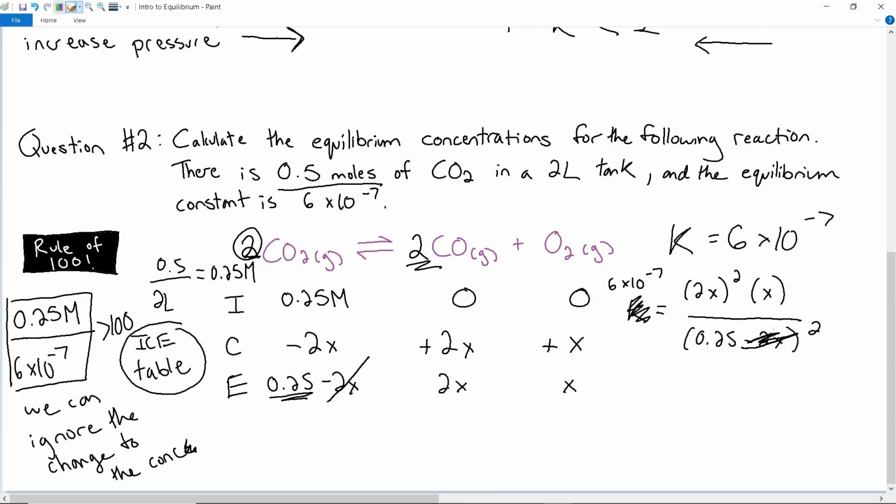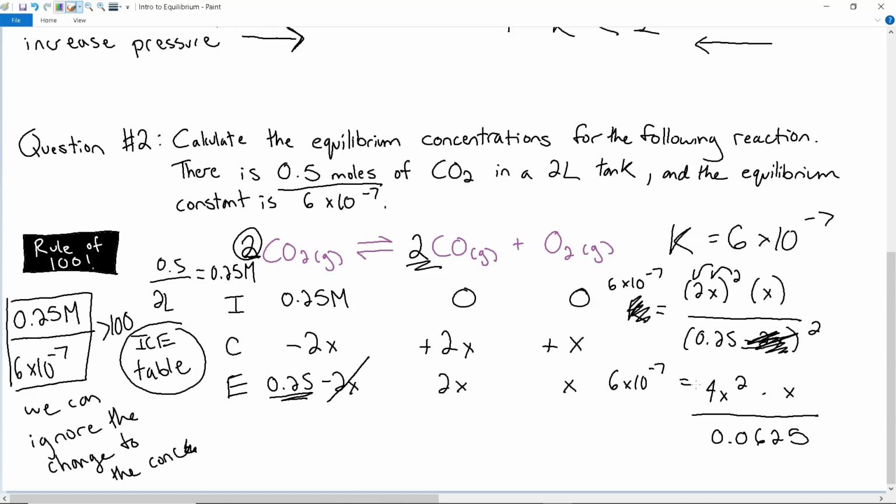So I can just cross out my 2x in the bottom, and now I would simply solve for my x value. So we have the 2 being applied to both terms here. That's going to give me a 4x squared times x over 0.25 squared, which will be 0.0625.